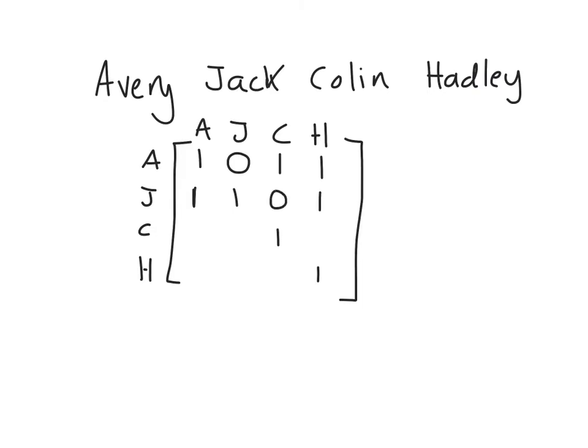And then let's say Colin also doesn't really like Jack so much. Colin doesn't like Avery so much. In fact, Colin doesn't like anybody except himself. And then Hadley just likes everybody. So we've used a matrix just to describe the relationships between people, whether they like the other person or not.